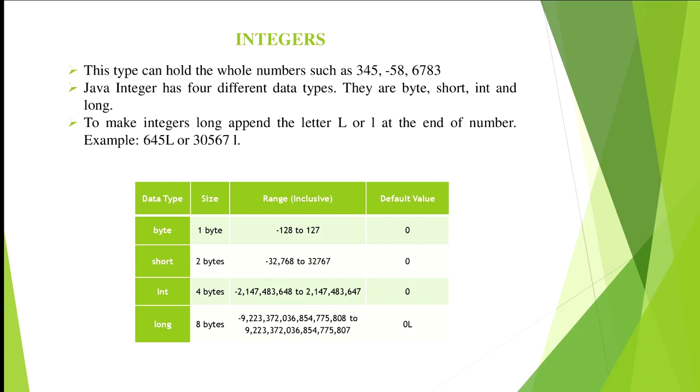The one important thing here is if you want to make the integer into the long data type, then you must append the capital L or small l at the end of number.